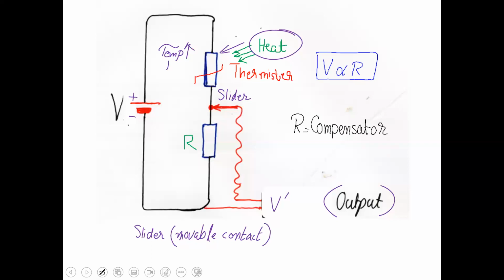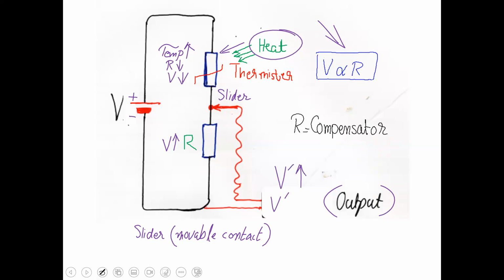When the temperature increases, resistance will decrease, and according to the relation, voltage across it will also decrease. As a compensation, voltage across the resistor will increase. So the output voltage increases.